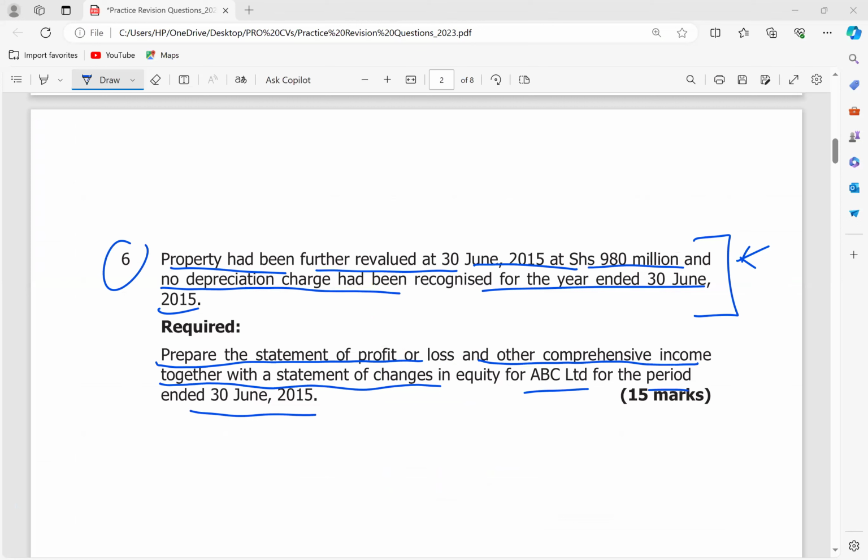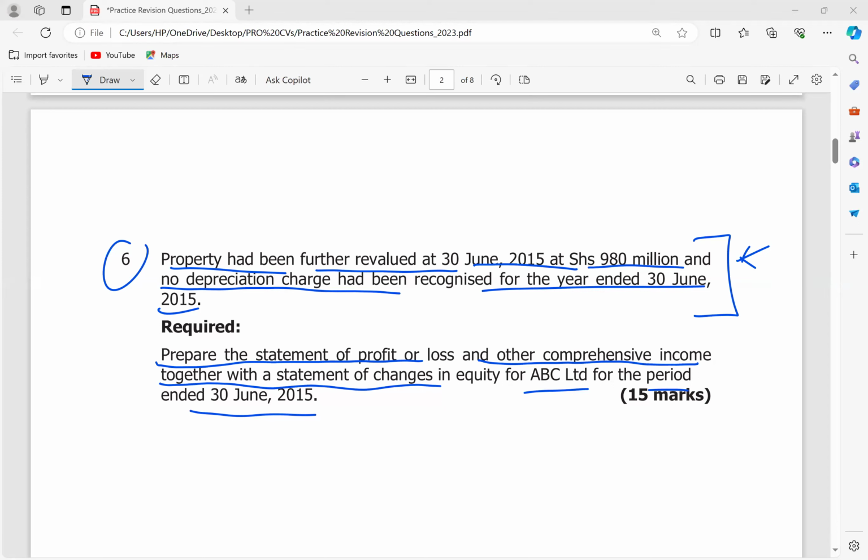Incidentally, we are not required to prepare the statement of financial position, but no worries, we shall be able to see how that is prepared in our next exam type question. So basically for the required, as you can see, we're to prepare the statement of profit or loss, and then the statement of changes in equity is definitely required.